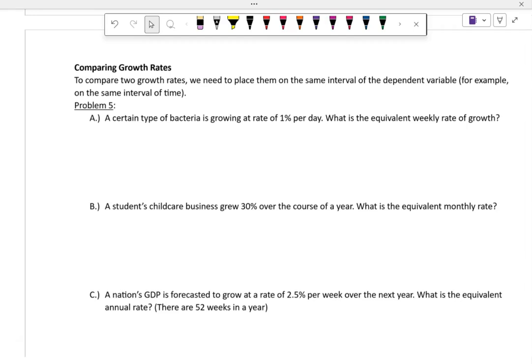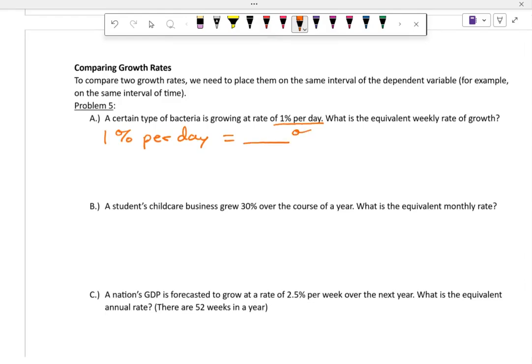So meaning, if we look at this first one, we are told that a certain bacteria is growing at a rate of 1% per day. So we have 1% per day, and we want to know what is the equivalent weekly rate of growth.